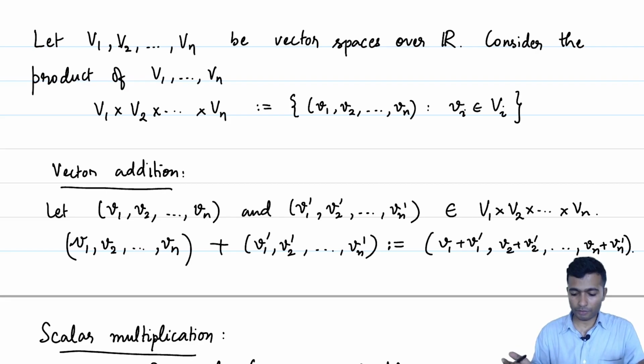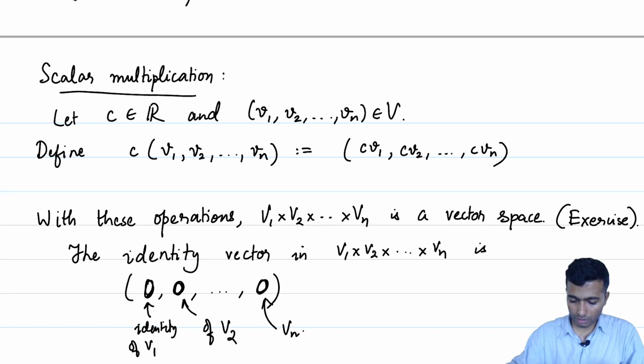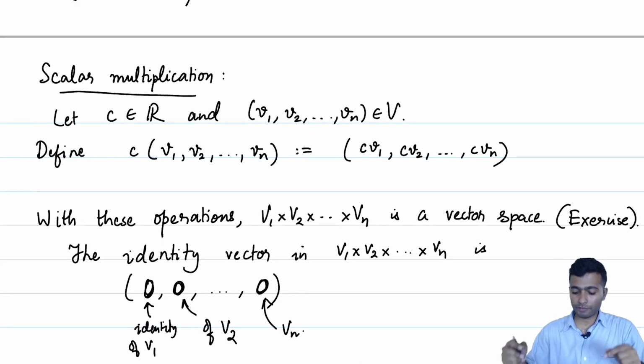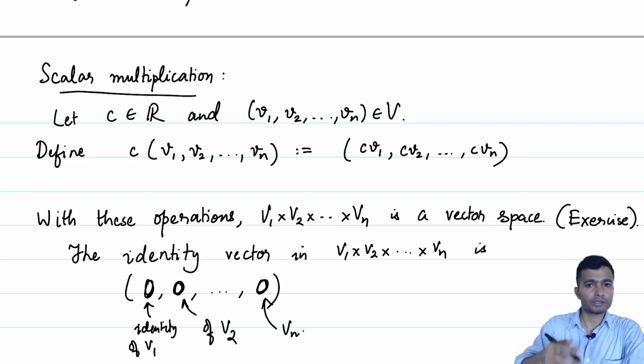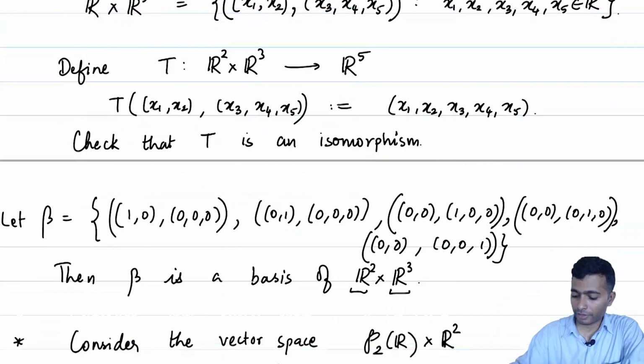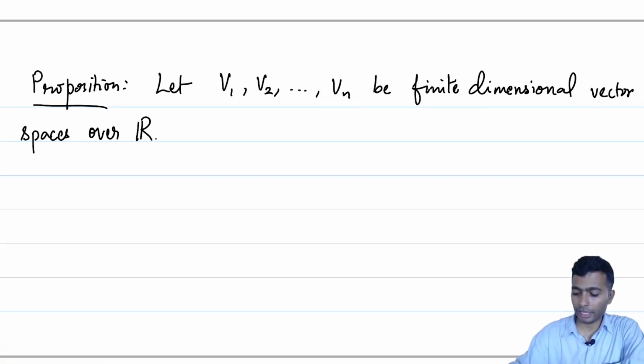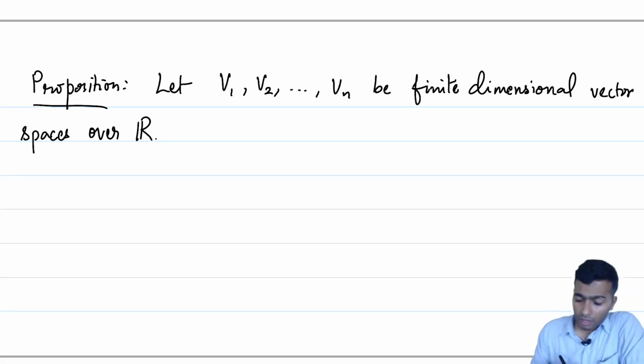We could have started off with infinite dimensional vector spaces, talked about vector addition in this manner, scalar multiplication in this manner, and we would have still got a vector space V1 cross V2 up to Vn. So, to talk about product of vector spaces, we really do not need anything about finite dimensionality.